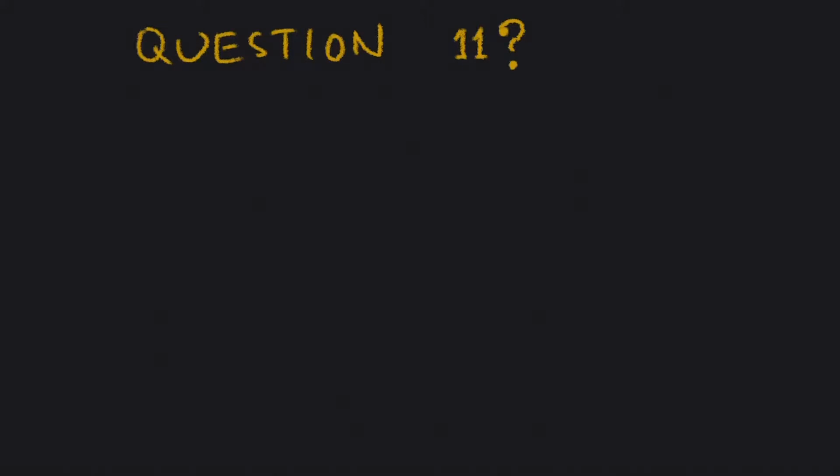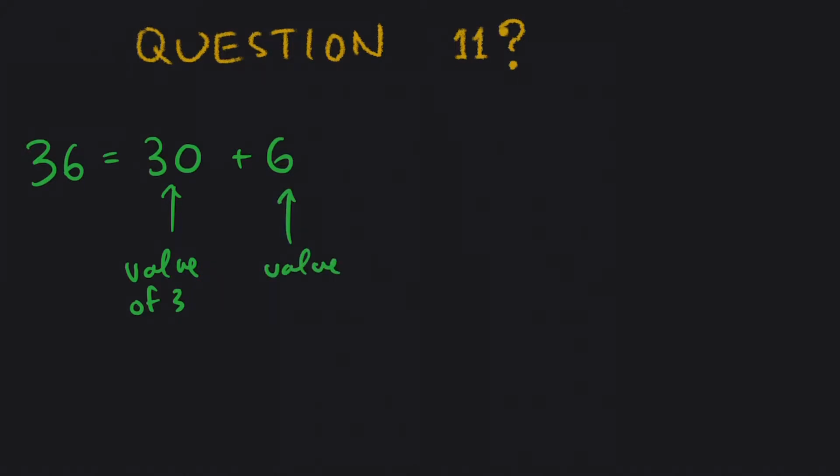Let's talk about the number 36. If we write that in expanded form, that's 30 plus 6. That's the value of the 3, and that's the value of the 6.